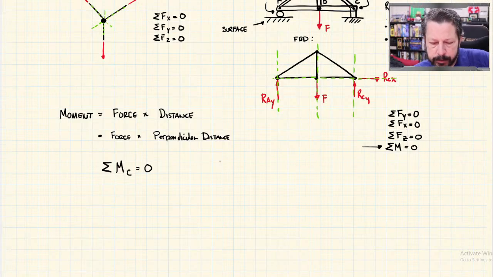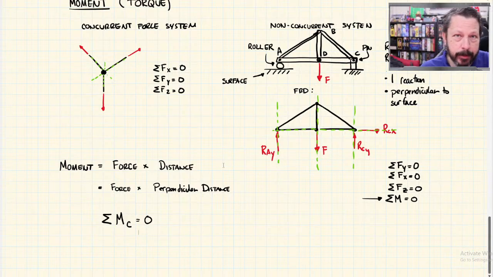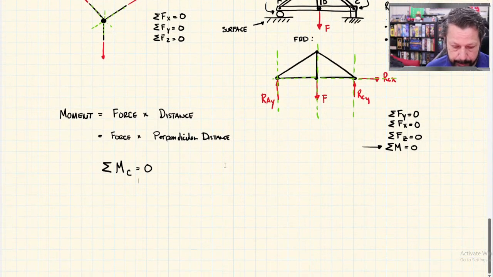And one other thing with moments is that I have to specify which way is positive. So we kind of know when we talk about X and Y that X when it goes to the right is positive, Y when it goes up is positive. That's kind of usually assumed. Or you can put a coordinate system in there with where the X-axis is and the Y-axis. So you can do that.